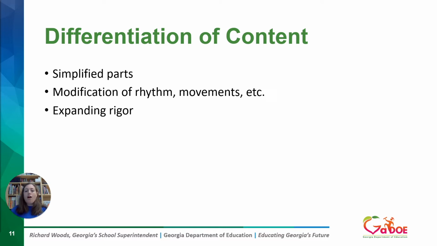So you're offering individual choices, and students who are ready for that expanded rigor might be in that group. Students are not necessarily working in a group without teacher support, but you're still able to group them and offer these varying levels of differentiation.